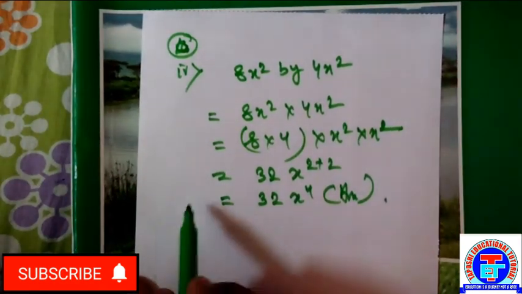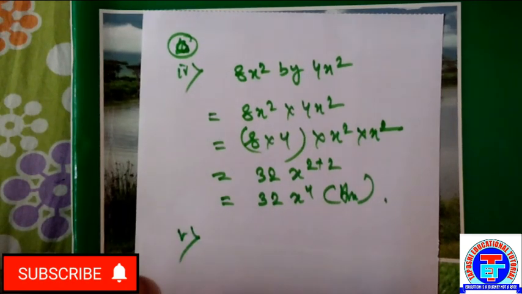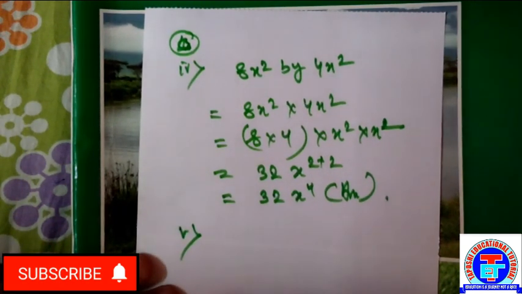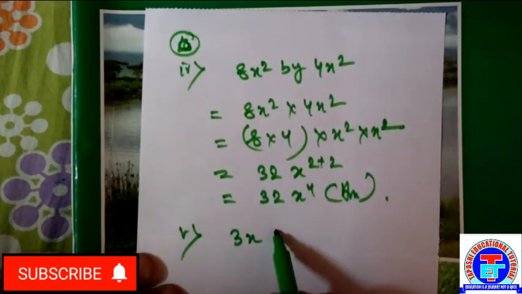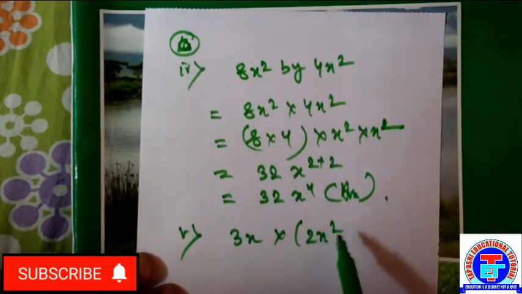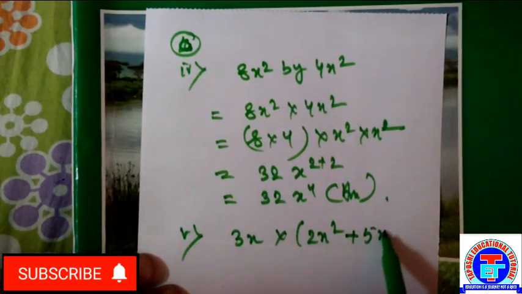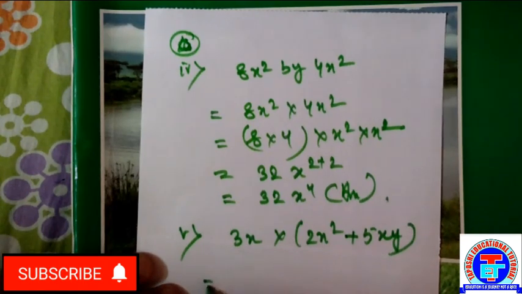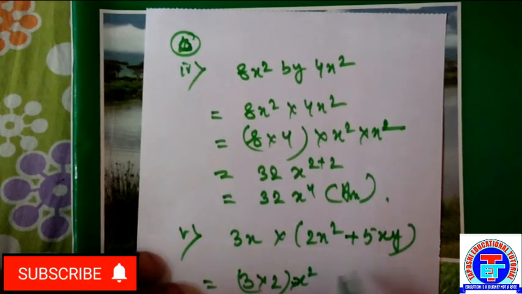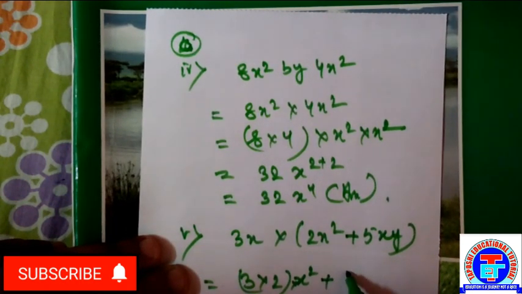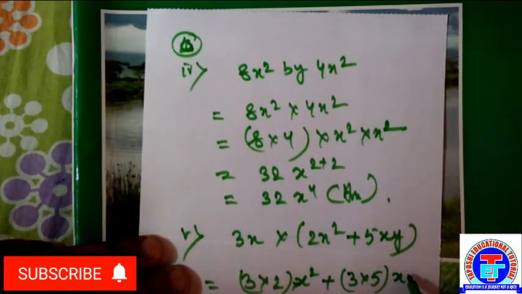Now another problem here, number 5, then we complete the multiplication, right? So here 3x multiplied with 2x square plus 5xy, right? First we multiply this one, 3 into 2, x into x square, plus 3 into 5, x into xy, right?